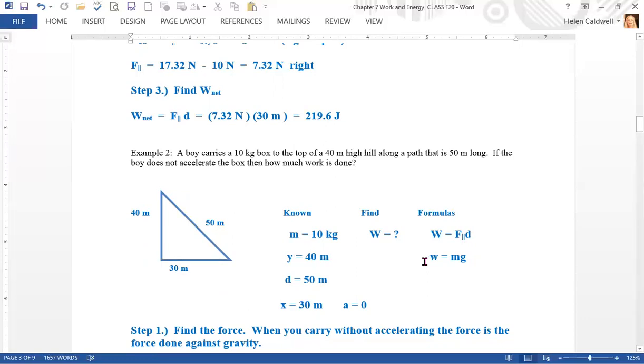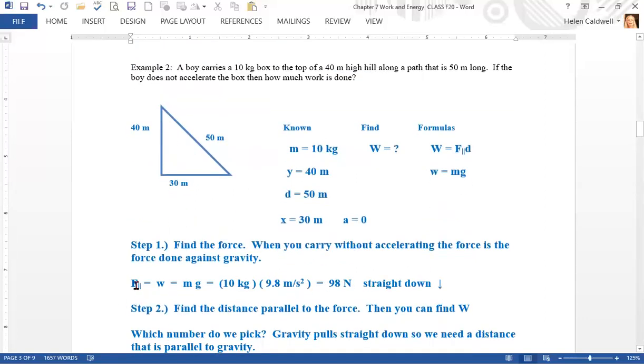So W will be the force, mg. Now we just need to figure out the distance. So the force is W, which is mg. So 10 kilograms times 9.8 meters per second squared is going to give us the 98 newtons, and it goes straight down.